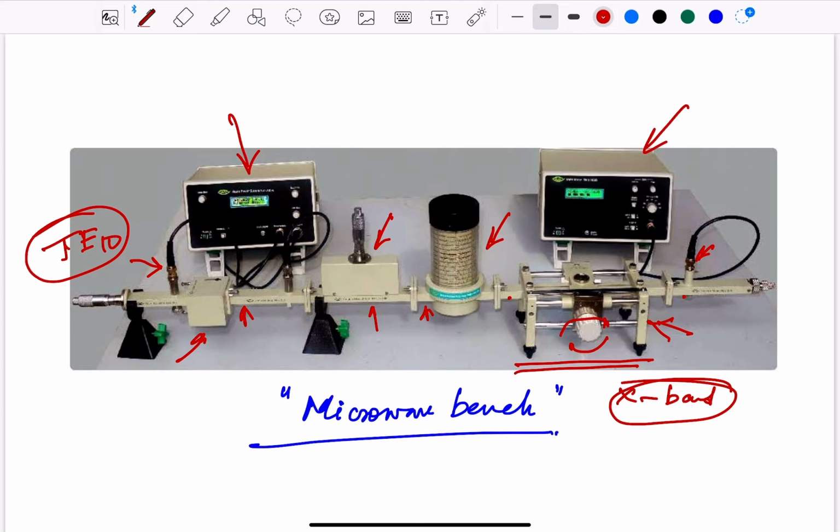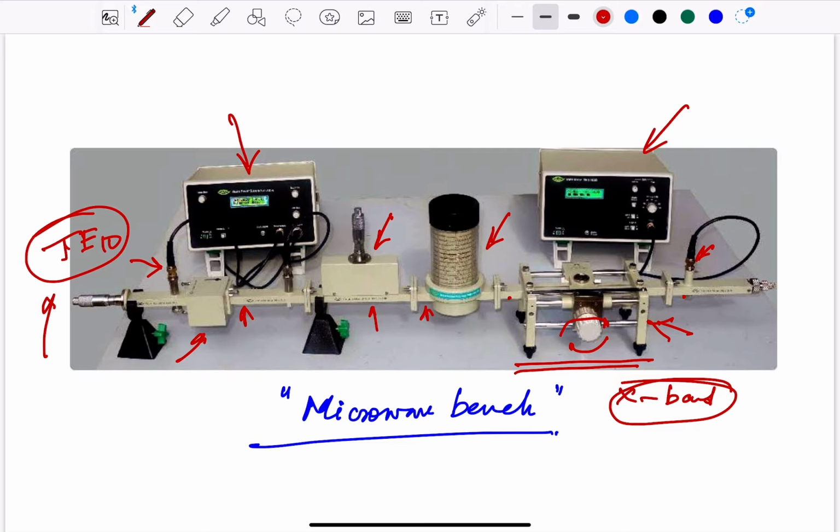Depending on the maxima and minima you can find the guided wavelength, then the VSWR and all the things. The purpose of recalling this microwave bench is that all of this is operating at the TE10 mode.